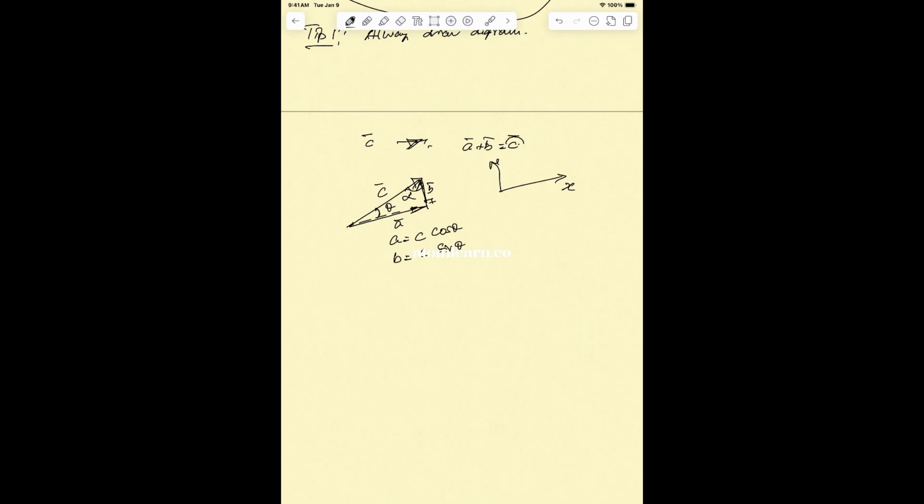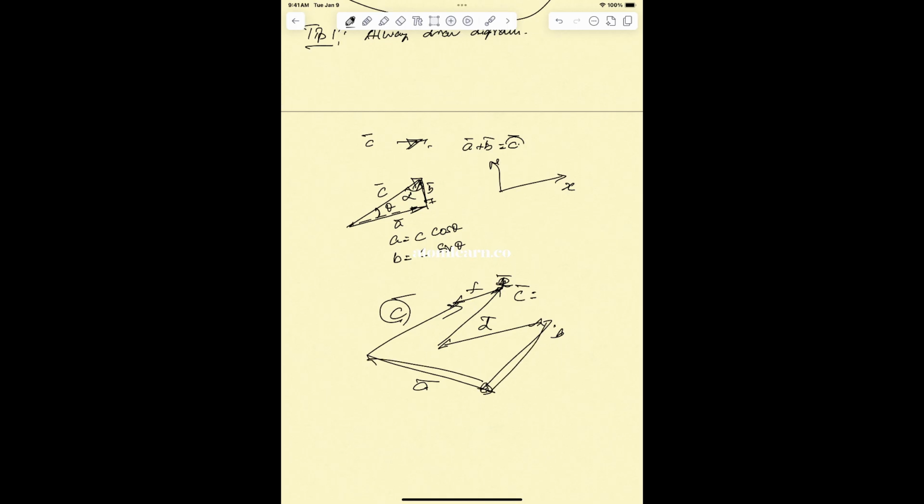For example, this particular C can be taken as C equal to A plus B plus D plus E vector, and then this vector F. Therefore, C is equal to A plus B plus D plus E plus F, because you get from the very start to the very end; this is vector addition.